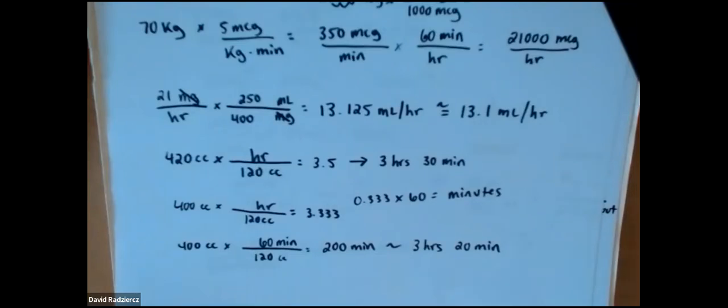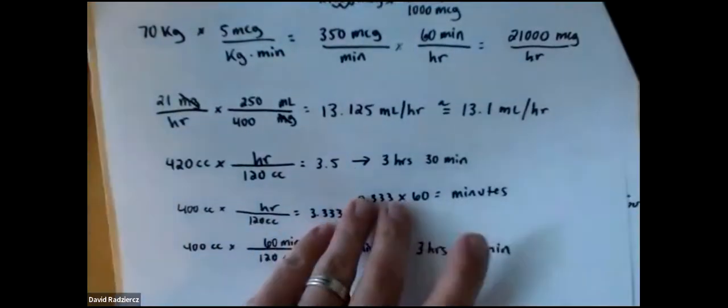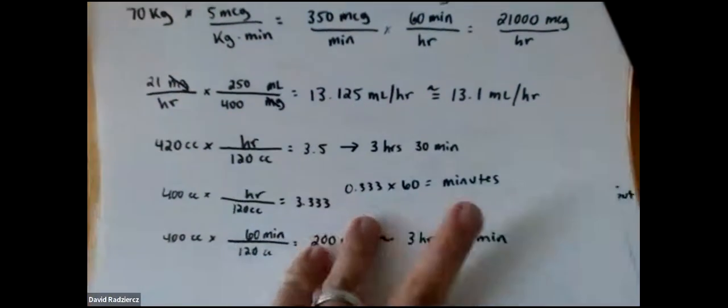Basically, with the heparin protocol, when you're calculating the infusion rate, you have to do what you're going to do in 22, 23, and 24, which is convert units per hour to milliliters per hour. So let's do some of that.